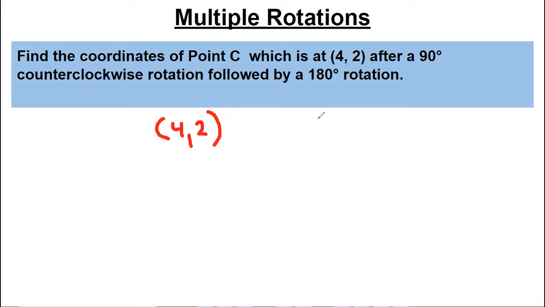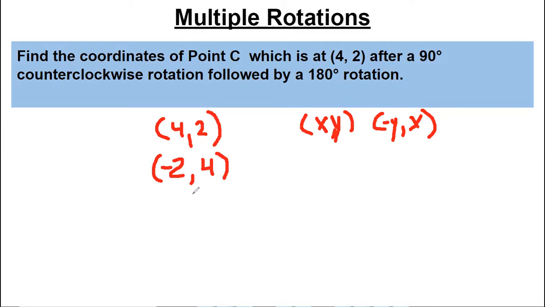So this is the counterclockwise rule, X and Y are going to change places, and the first value is going to be negative, or the opposite of what it was. If it was negative, it becomes positive. So we're going to switch places, 2, and then 4, and the first value is going to become negative.